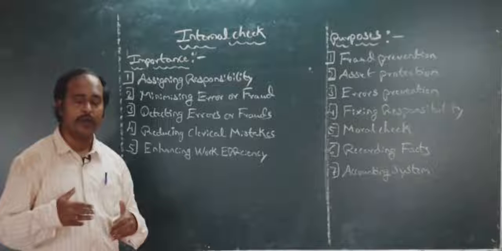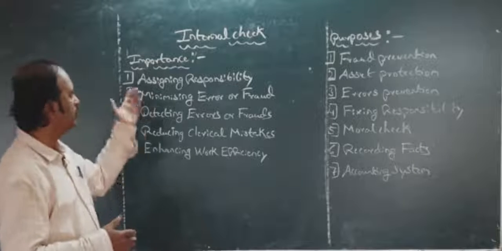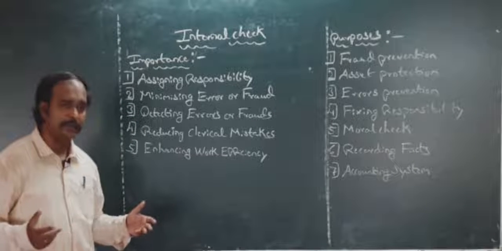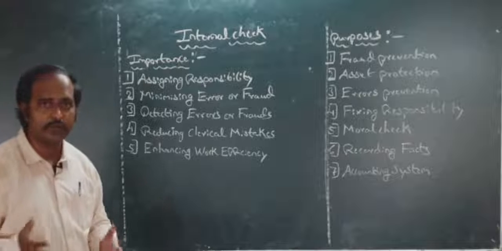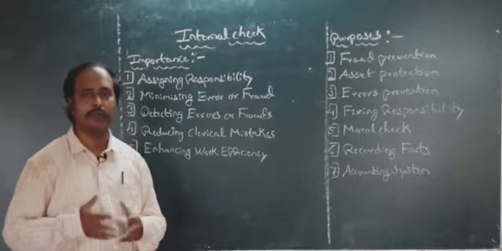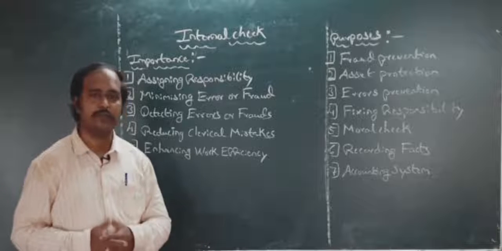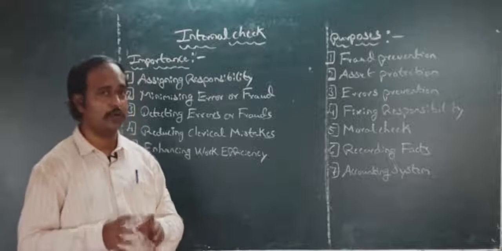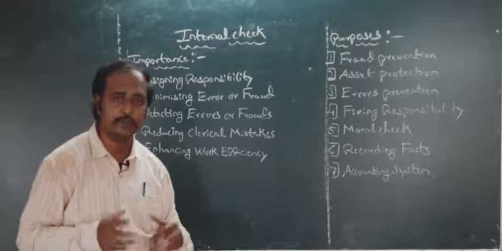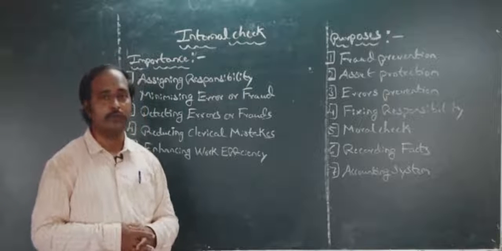So when they have a good internal check system, definitely one person, as I told you earlier, is going to prepare all the records, and another person will come and check all those transactions which are recorded.